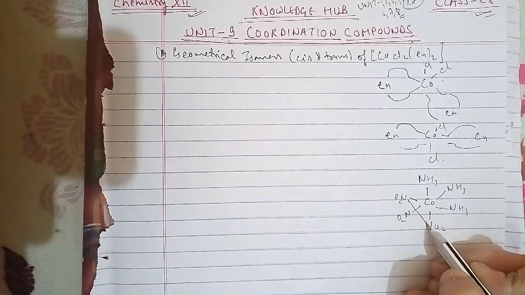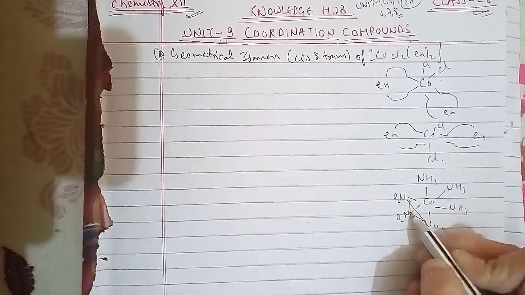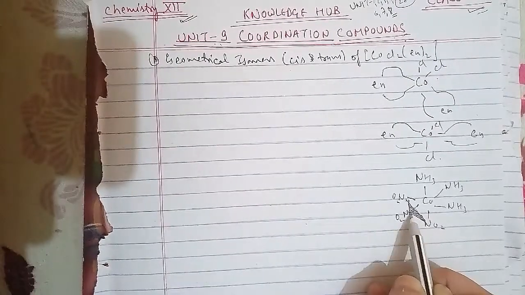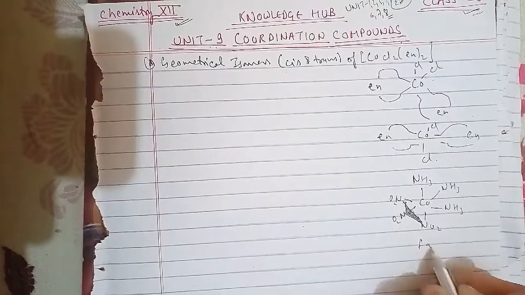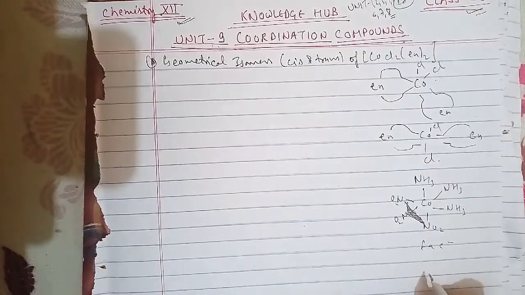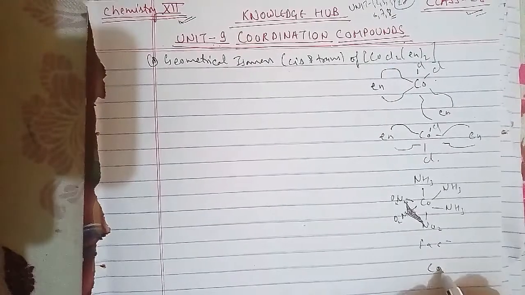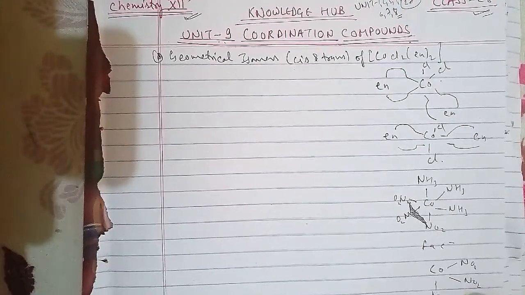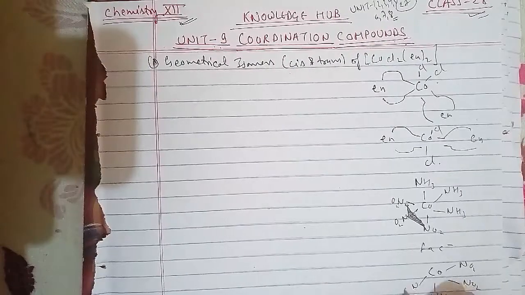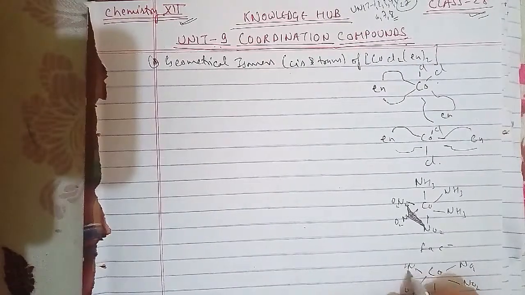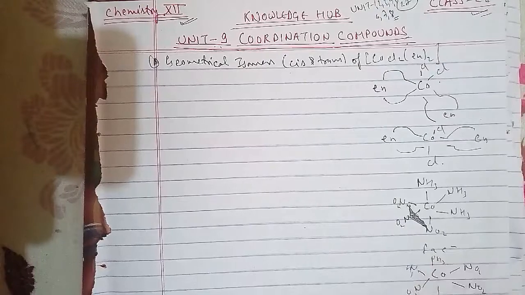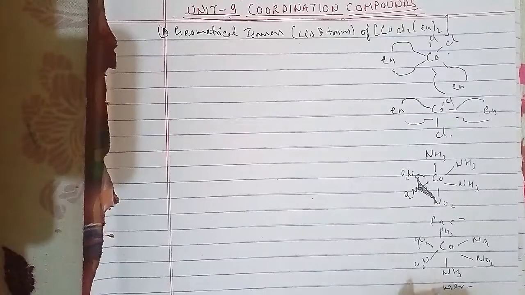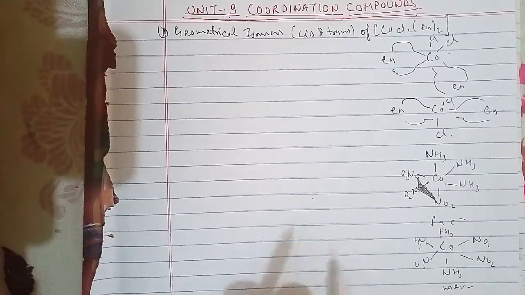This is your fac isomer. The other one is Co bonded to NO2, NO2, NH3, NO2, NH3, NH3 as well. So this is the facial and meridional, the mer isomer, of Co(NH3)3(NO2)3, that has been represented here.